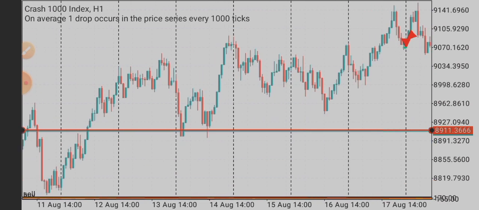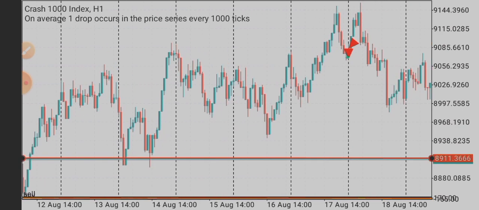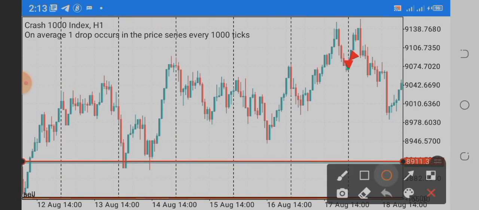Here, this price is serving as a support. Look at what happened here. The price gets to that point and bounces back up, comes down to that point again and bounces back again.